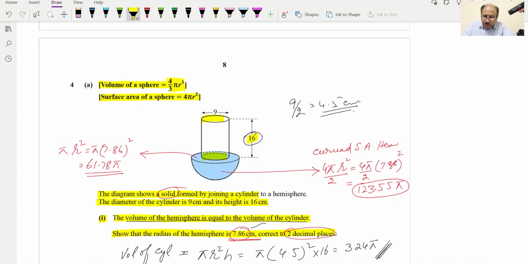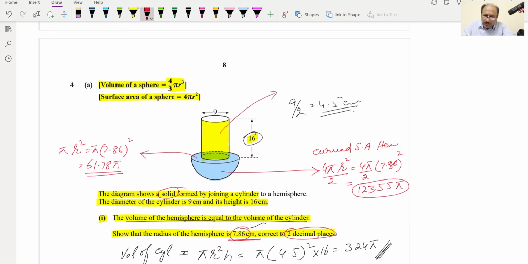So this top area is already counted, so we will not take it. We will take only the curved surface area of the cylinder, and that will be our answer.